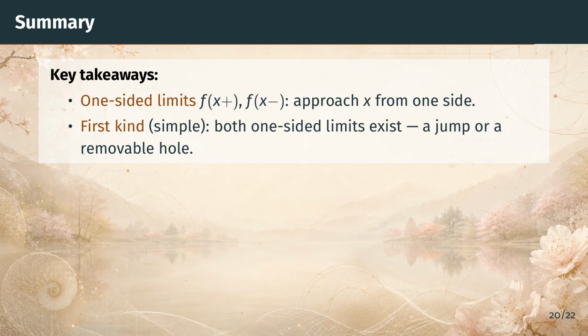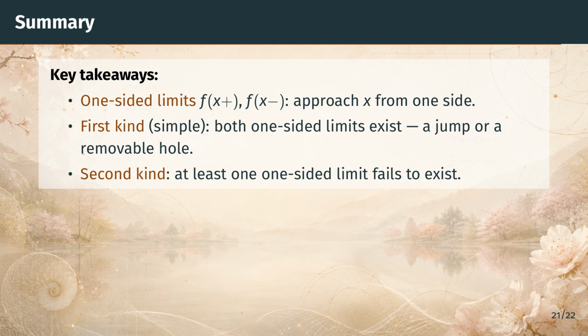A discontinuity of the first kind, also called simple, is one where both one-sided limits exist. It comes in two shapes: a jump, where the two sides disagree, and a removable discontinuity, where the two sides agree but differ from the function value. These are the tame, well-behaved failures.